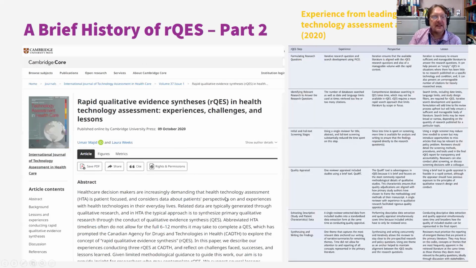And so it was indeed CADTH, in a supplementary paper from our collaborator Laura Weeks and colleagues, that looked at their own experience within the CADTH agency of conducting these rapid qualitative evidence syntheses. And you can see on the right-hand side here the experience that they gained and their lessons that informed our subsequent methodological work for this paper.